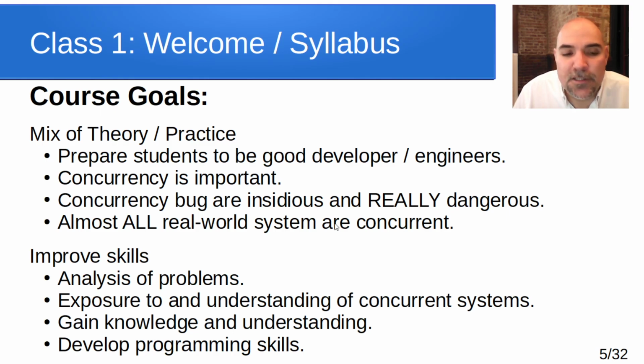And so if every piece of software and every system design has concurrency in it, and it can be really dangerous to not know how to control it or to have those bugs show up in there, really difficult to test as well, then it's important that you have a good feeling for when you need to worry about it and what concurrency actually is.